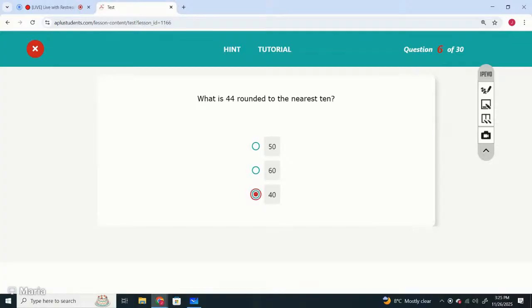Very good. Option number 3 is the correct option. What is 66 rounded to the nearest 10?